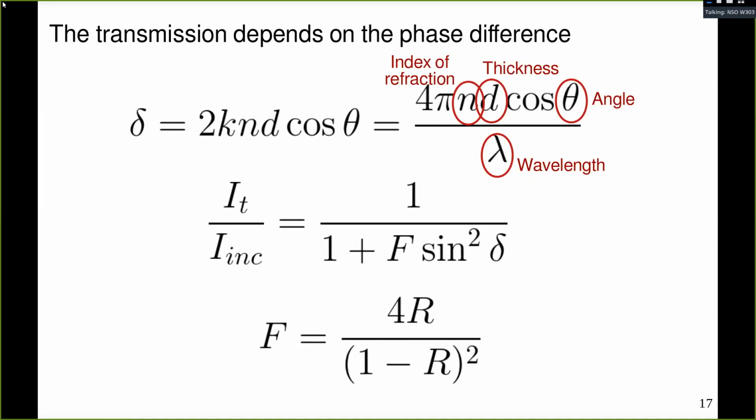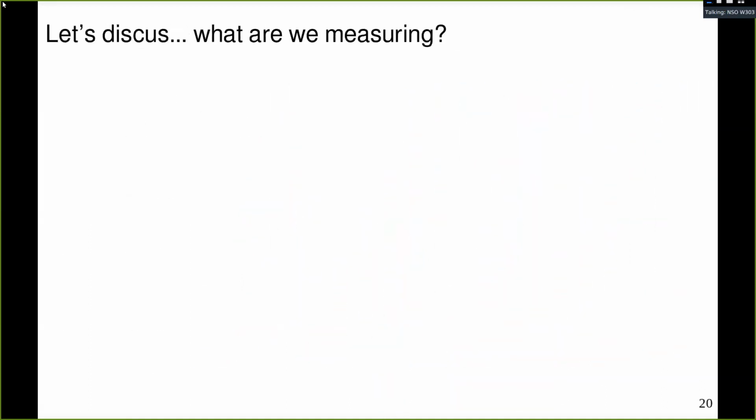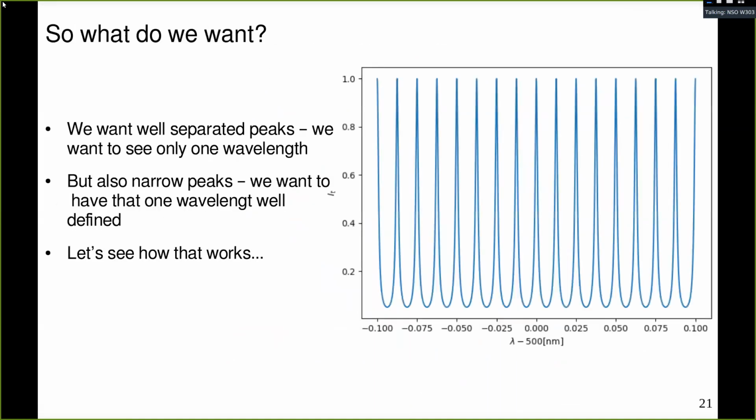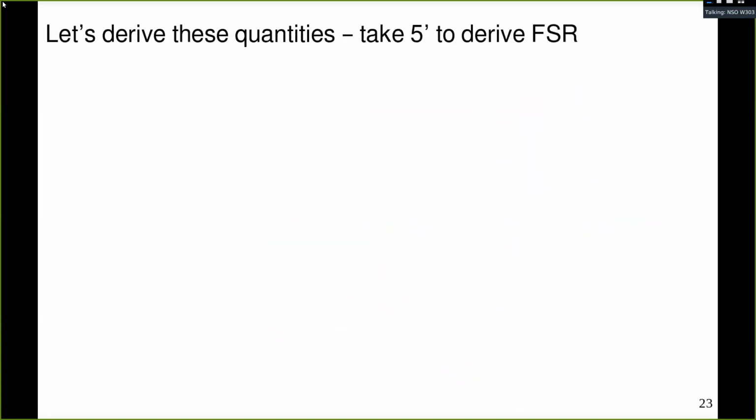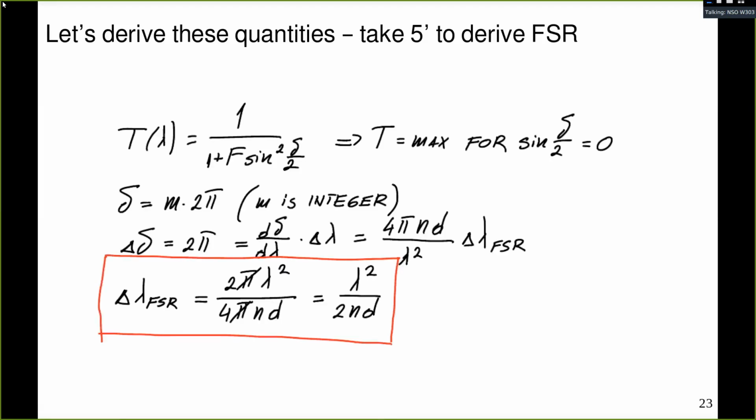Okay, so let's go on and look at the solution. We were talking about what we are measuring here. Let's try and derive this so-called free spectral range. We want to look at the places where the transmission is maximum, and the transmission is obviously maximum when sine of delta half is 0.